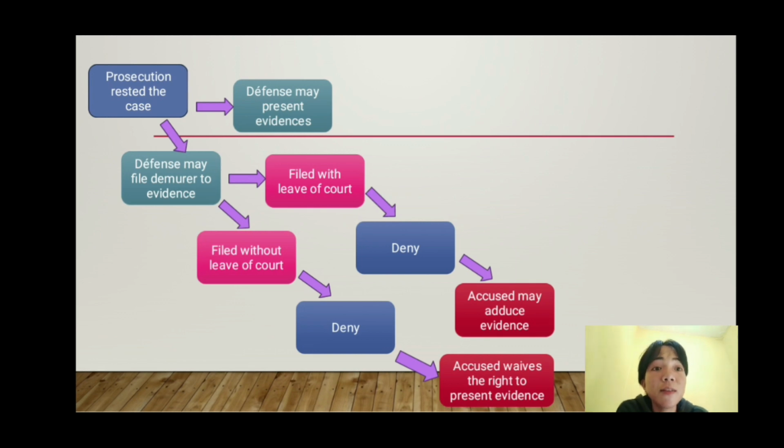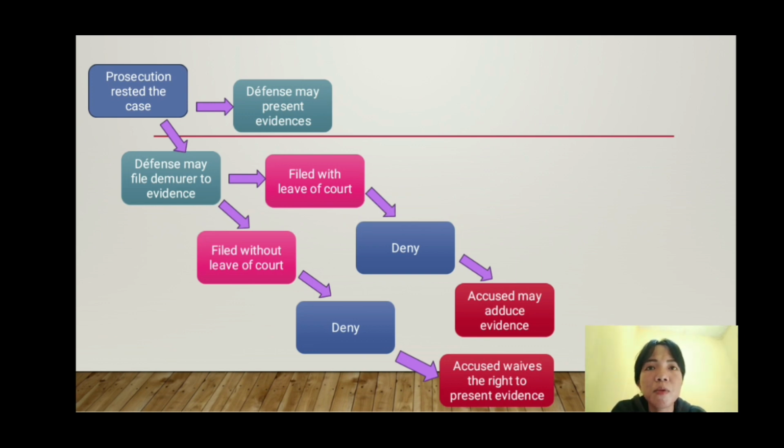In filing with leave of court, the accused may present more evidence to defend his right to trial. The second one is filed without leave of court. In this stage, the accused has no right to present more evidence, and the judge will render a judgment.